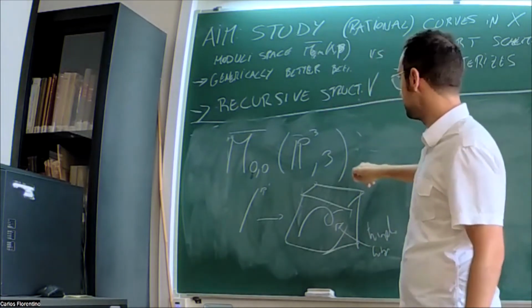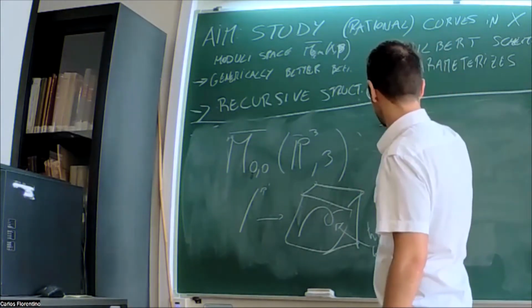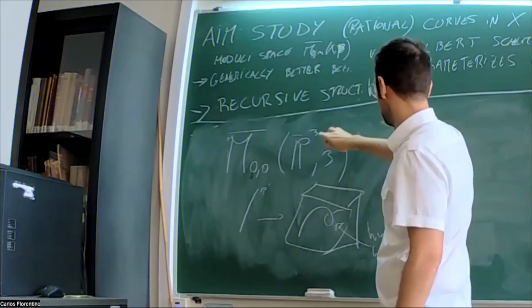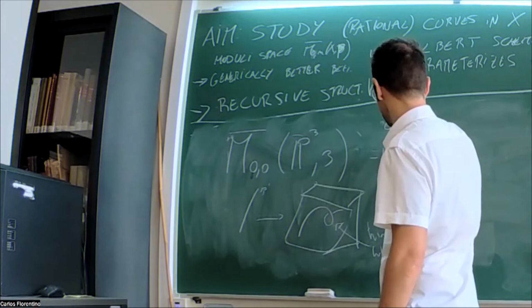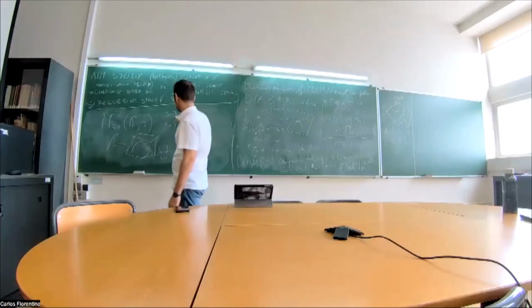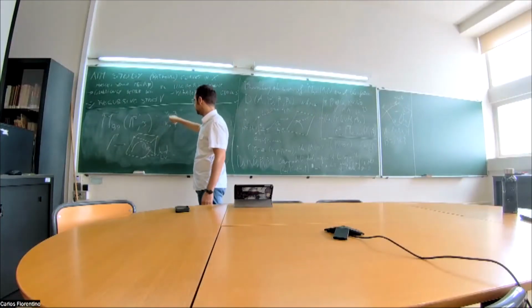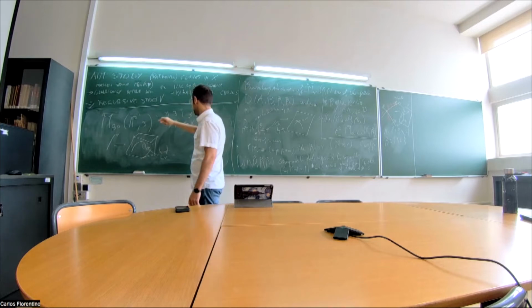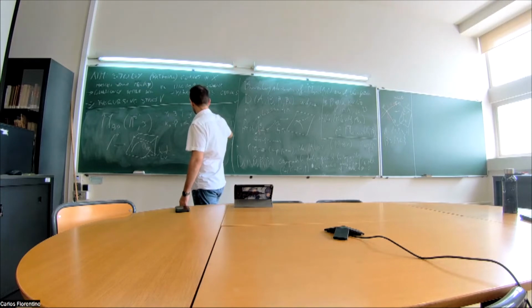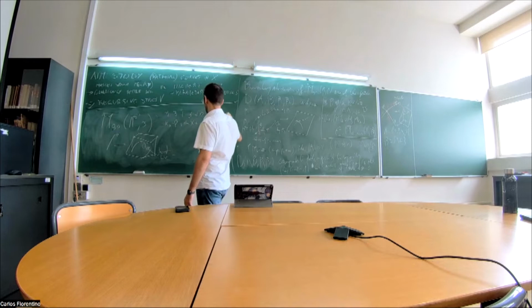And this space is of what dimension? We saw, it's the dimension of minus K_X times beta. So K_X times beta is 4 times 3, plus the dimension of X, that is 3, plus n, that is 0, minus 3, is 12.